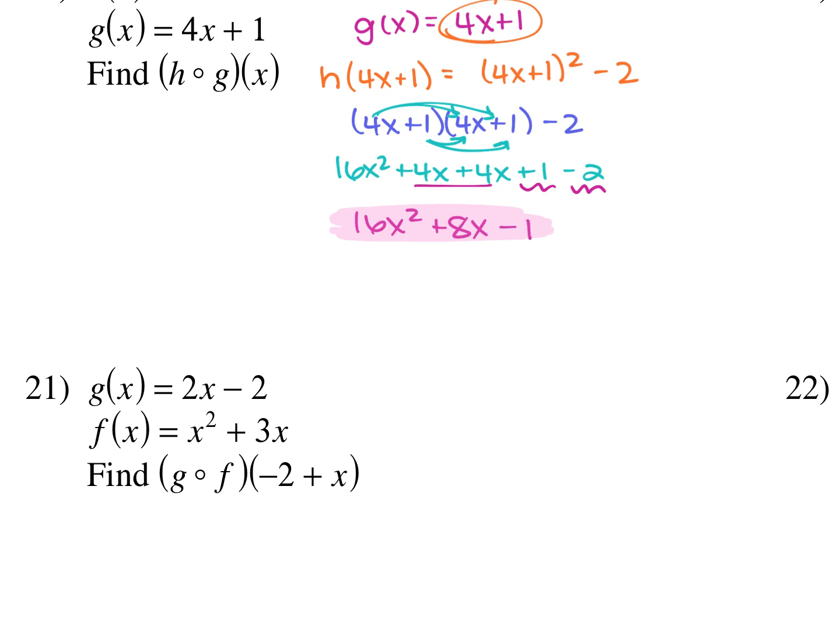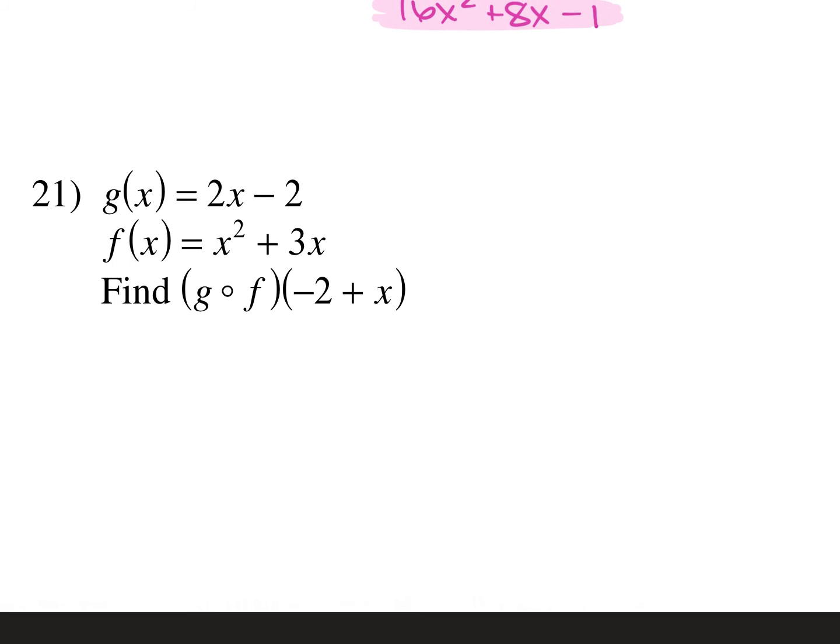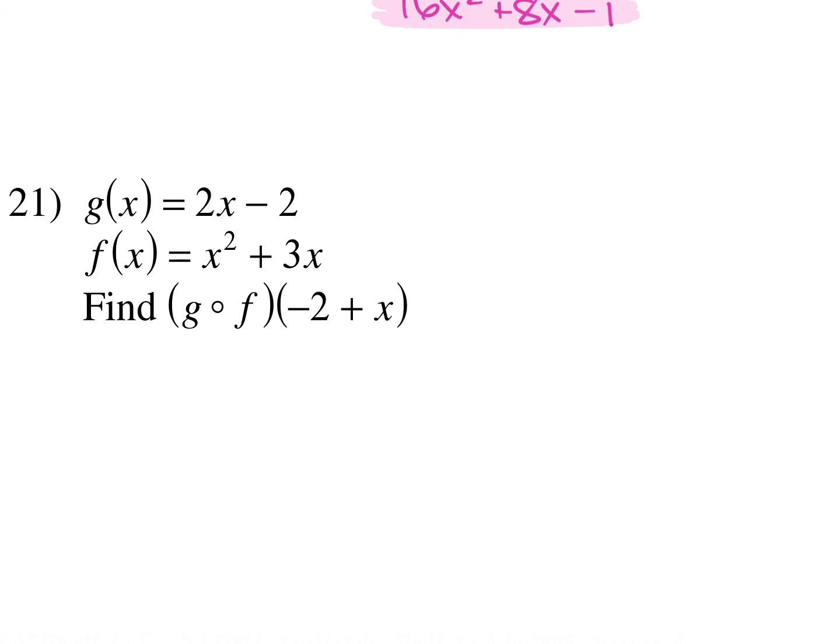For 21, you have g of x is equal to 2x minus 2, and f of x is equal to x squared plus 3x. We're told to find g of f of negative 2 plus x. So the first thing we're going to have to do is plug in that negative 2 plus x for x in f of x and simplify that.